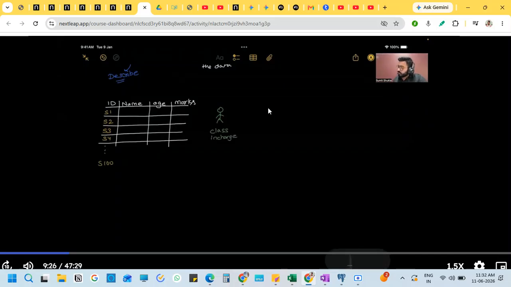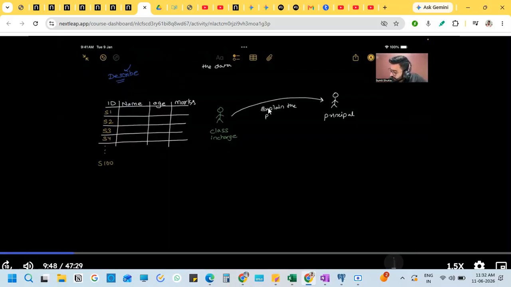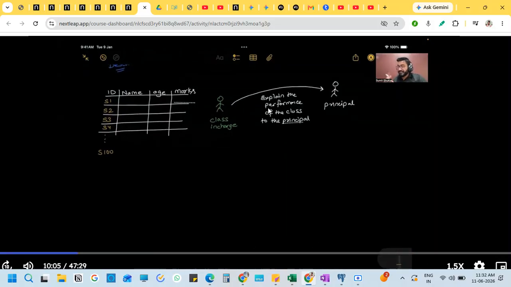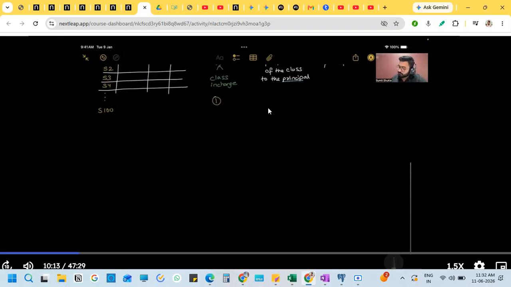Now the class in charge wants to explain the data, wants to present the data to the principal. So this class in charge wants to explain the performance of the class to the principal. Now one way is the class in charge talks about each student and discusses each student with the principal individually.